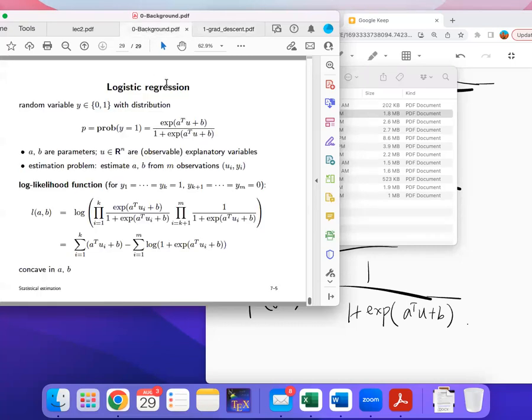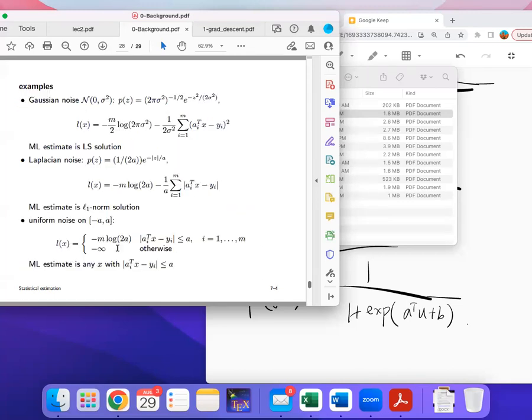For example, in the logistic regression problem, a and b are our variable x. And this problem is differentiable because log is differentiable and this linear part is differentiable. And in these examples here, the least square is differentiable. The variable is x. This part is quadratic, differentiable.